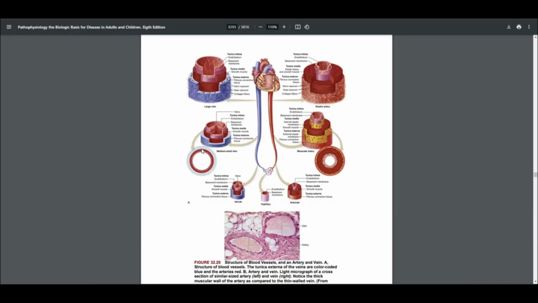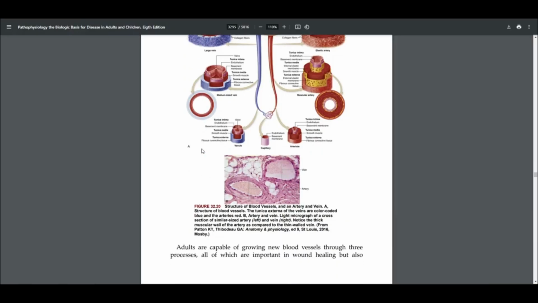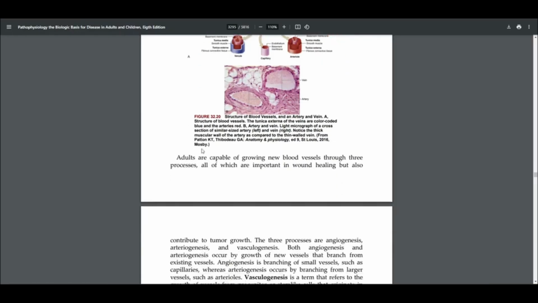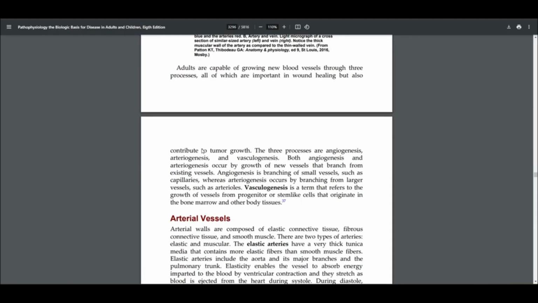Adults are capable of growing new blood vessels through three processes, all of which are important in wound healing, but also contribute to tumor growth. The three processes are angiogenesis, arteriogenesis, and vasculogenesis.